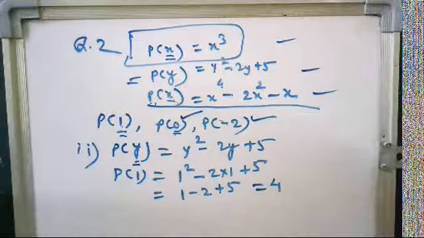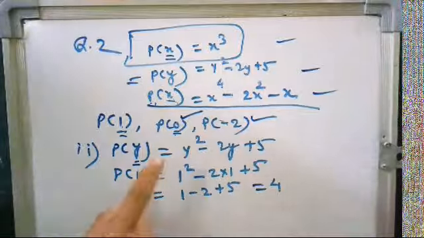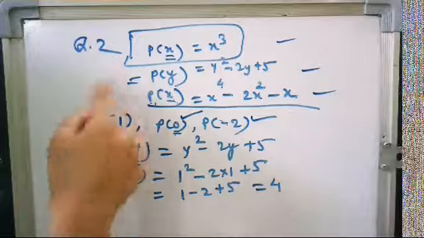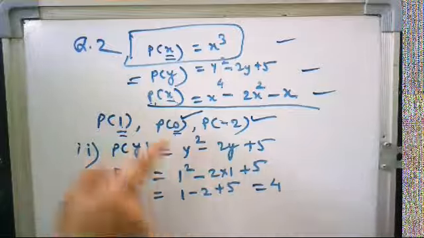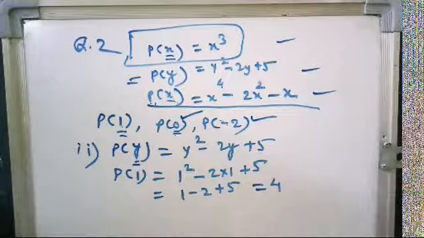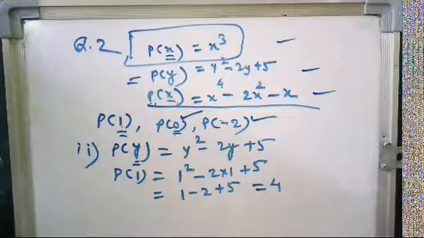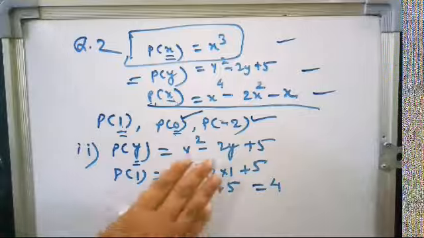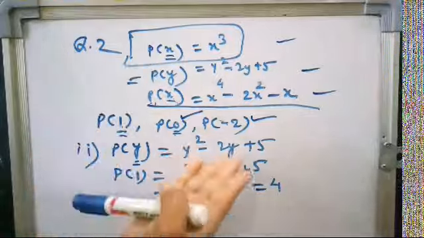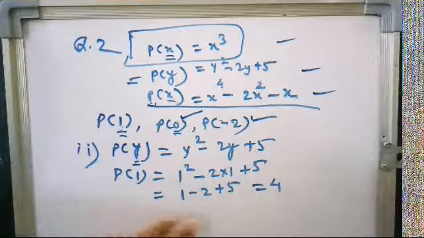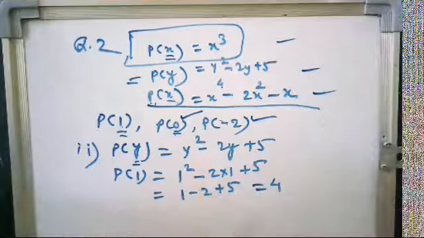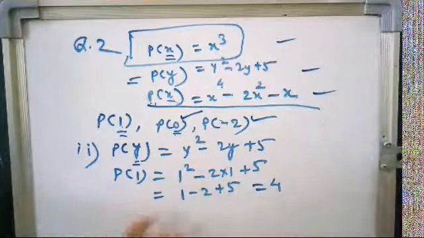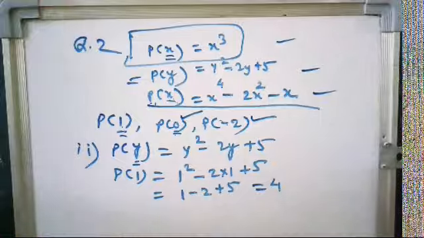You have to do this by yourself, because in the previous video we took an example like this, that's why I have taken only one example of the first and second question, and the remaining you have to do by yourself. It is very simple. Instead of that variable you have to put their values and find the answer, just simple multiplication and addition.